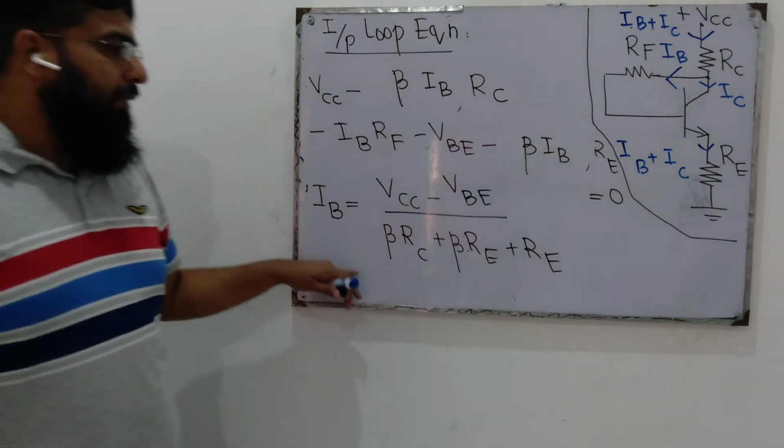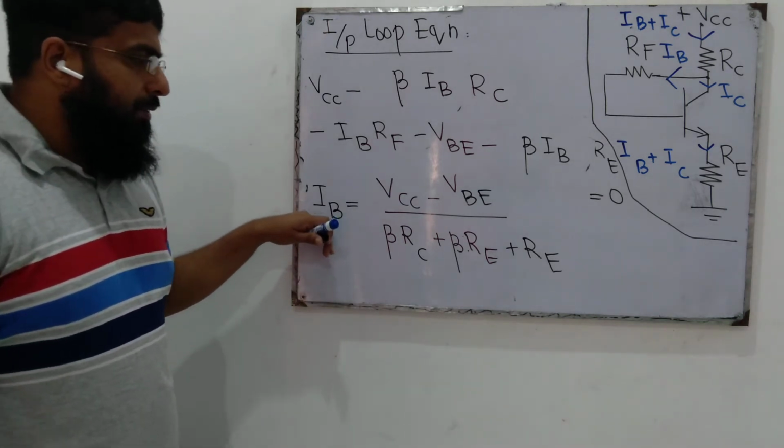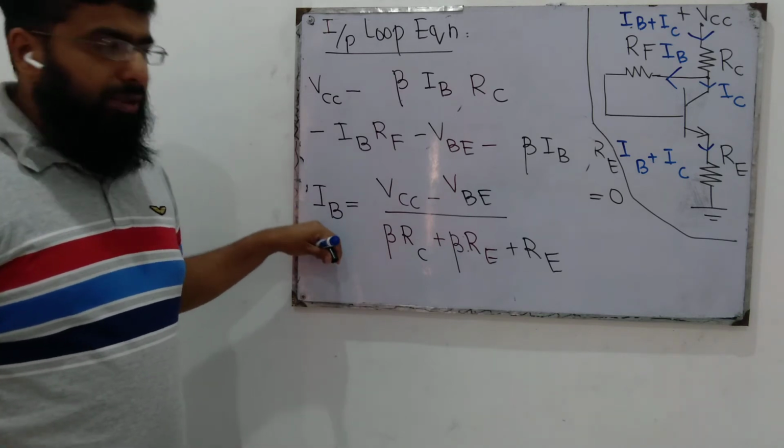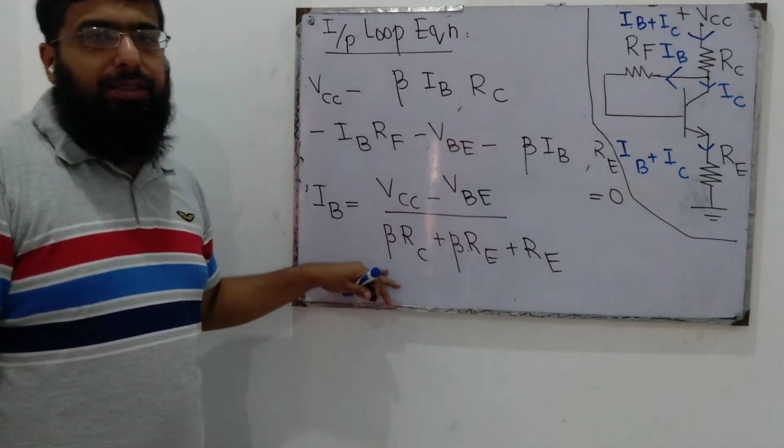So this IB is very similar to the IB we obtained in case of emitter bias and voltage divider bias, because we have a beta term in the denominator.